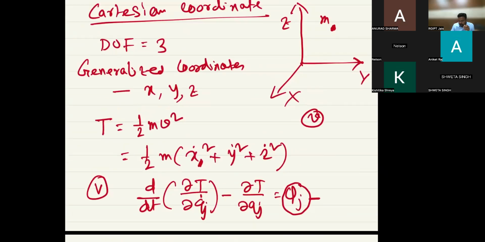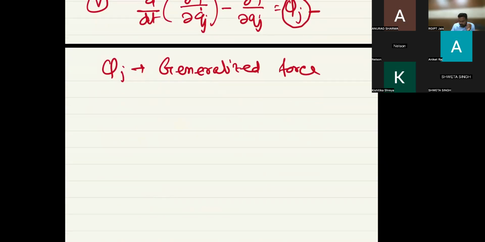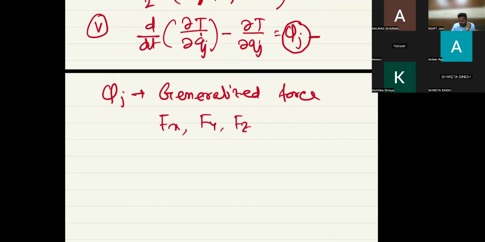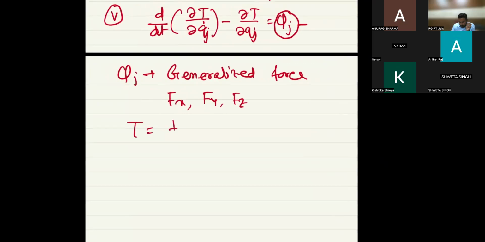In this case, we don't know what the force is, but we can say that it has 3 components: an x component, a y component, and a z component. And we know what T is: T equals half m times x dot square plus y dot square plus z dot square.